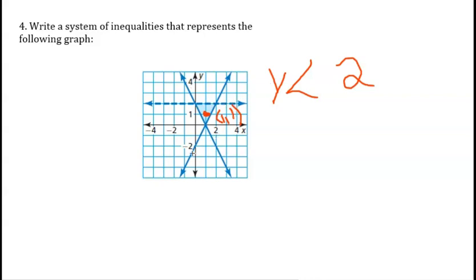Now let's do the positive slope. So we have y, and then we'll find the y-intercept is negative 2. Then our slope is rise 2, run 1. So up 2, right 1.